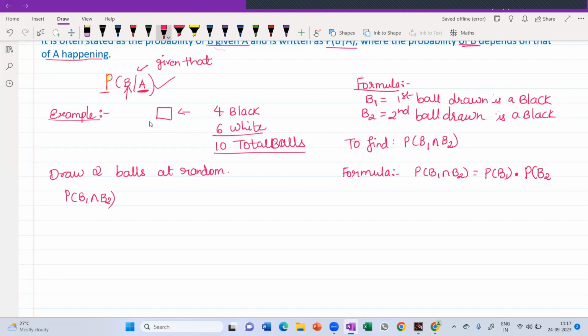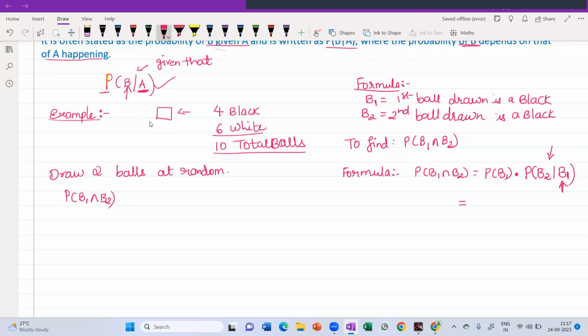But at that time you keep in mind that you have already removed the first ball, which was black. So here we are finding the probability of the next event, keeping in mind the first event has already taken place.